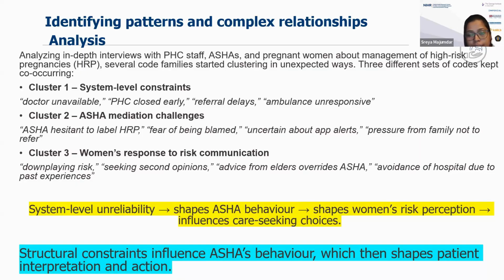And where you can see, the first one is system level unreliability. Then you see what shapes ASHA's behavior. Then you can see how these different things are shaping women's perception, and then this together is the influences that you have in the care seeking choices.